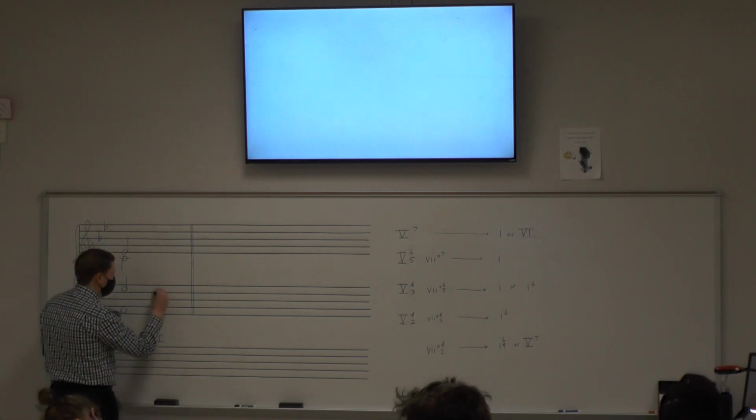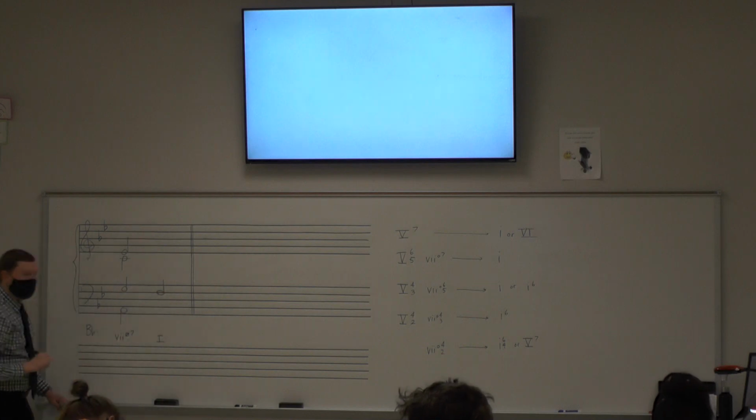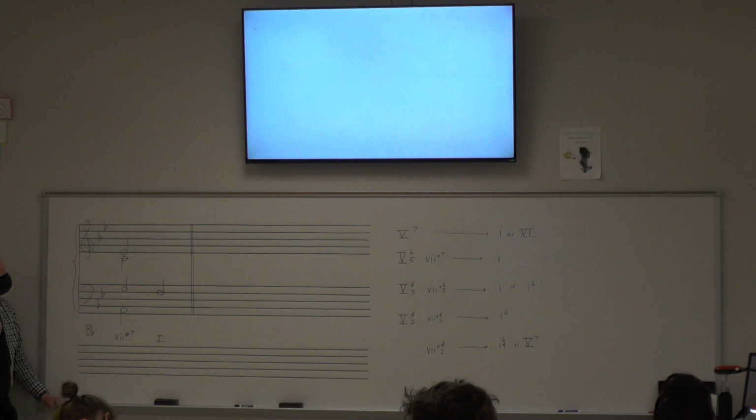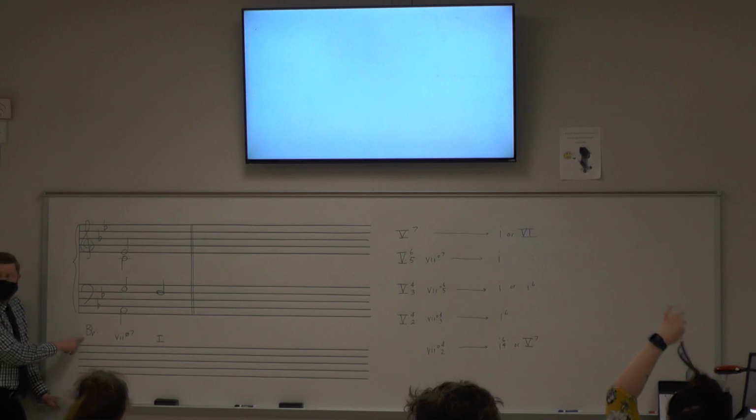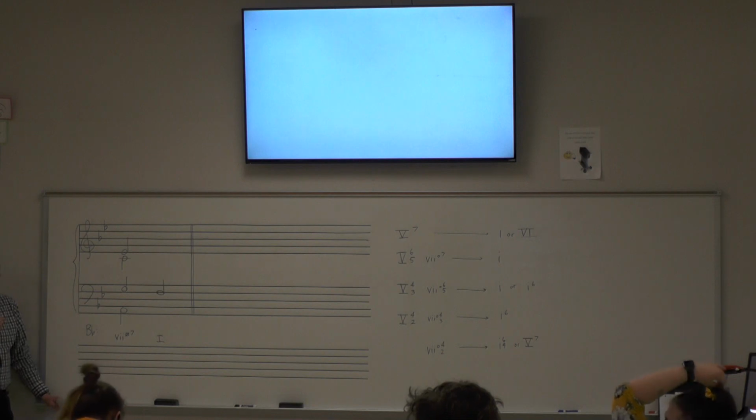Well, let's do it. Where's the other tendency tone? The C. Careful. For T of the key, scale degree 7. C is scale degree 2 in B flat. Sorry. Okay, that's fine.